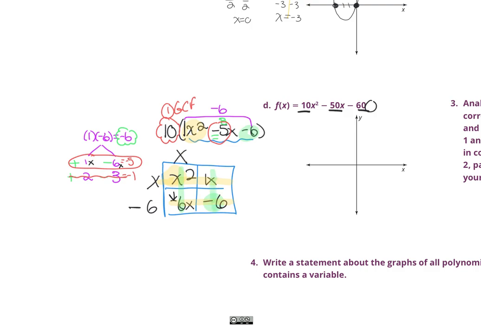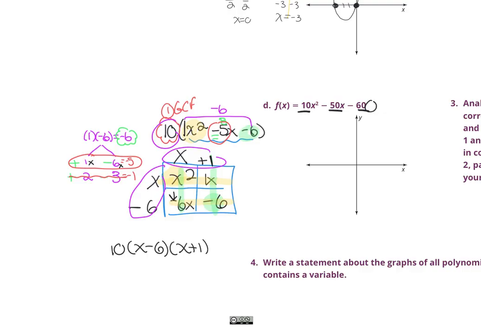And these two right here, up and down, they seem to have nothing in common, but the thing that all numbers have in common is a 1. And this box is positive, so it should be a positive 1. Here's my two factors plus my GCF. So I factored it, 10, x minus 6, x plus 1.